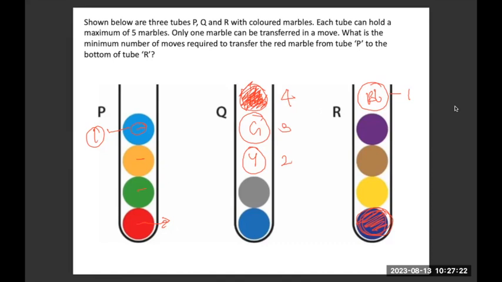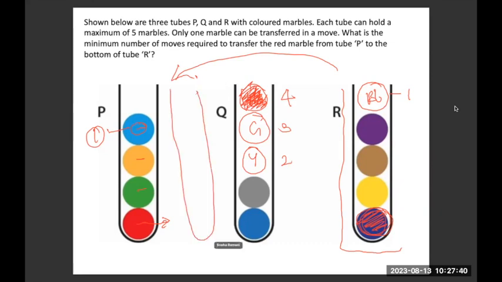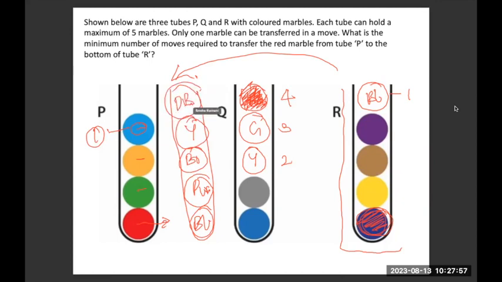Now, P test tube is empty here. Then I'll transfer all the contents of test tube R into P. So the new test tube P will be blue, purple, brown, yellow, and dark blue, which will be 4.